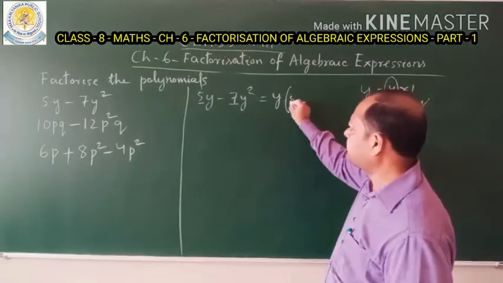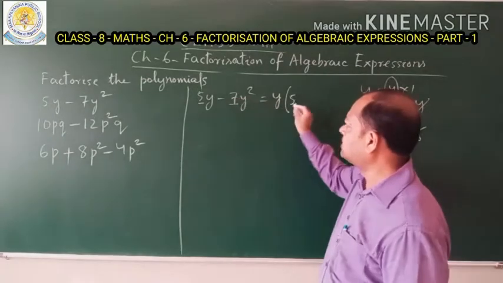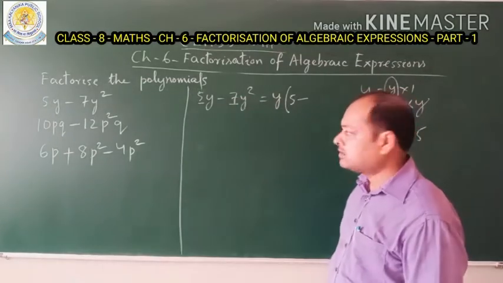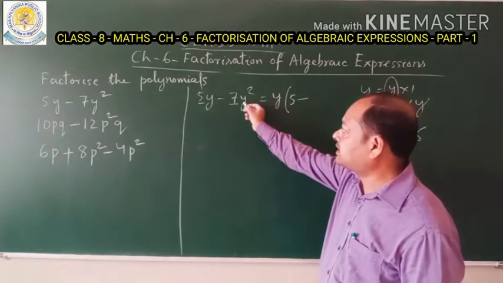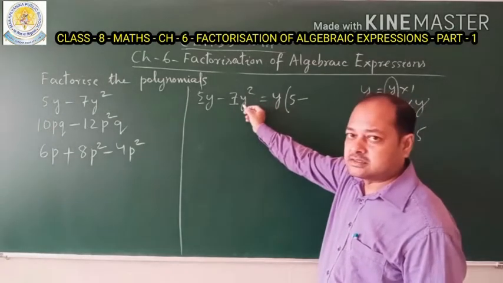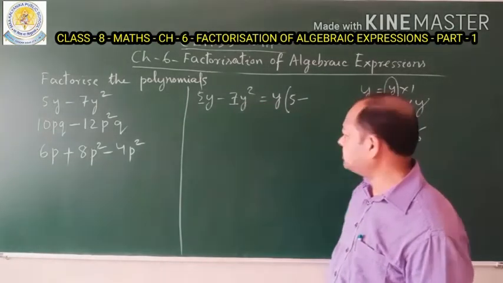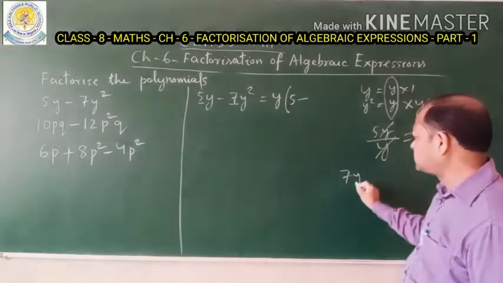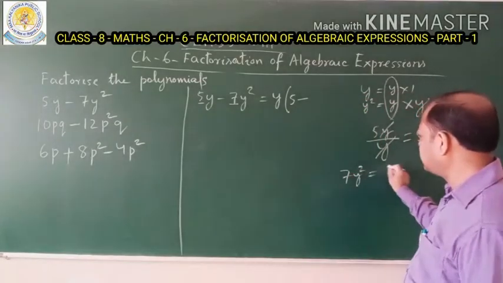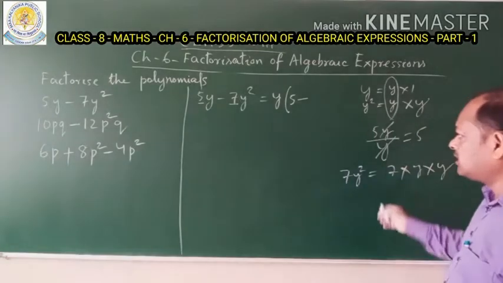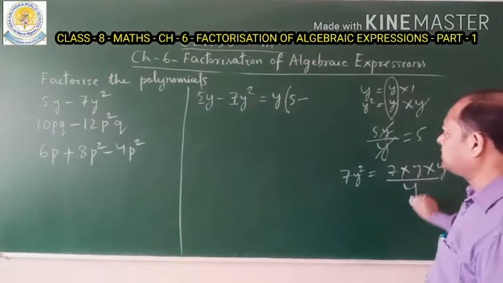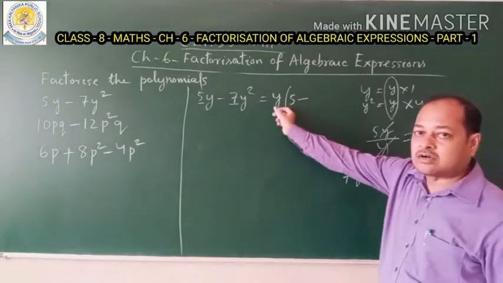So write 5 here. Then there is a minus sign, put a minus sign. Then 7y square is the term. If I take y from this 7y square, how much am I getting? 7y square means 7 into y into y. If I divide by y, because y is common here.